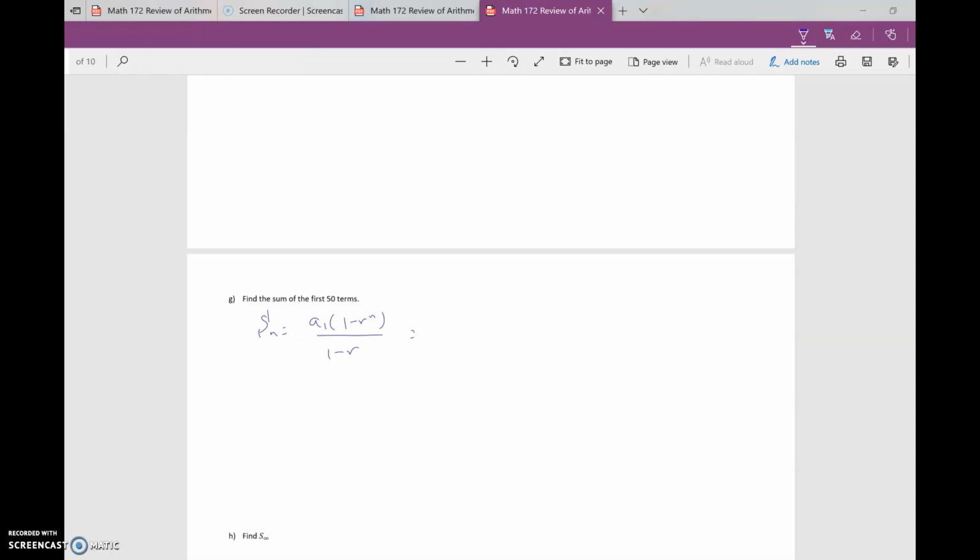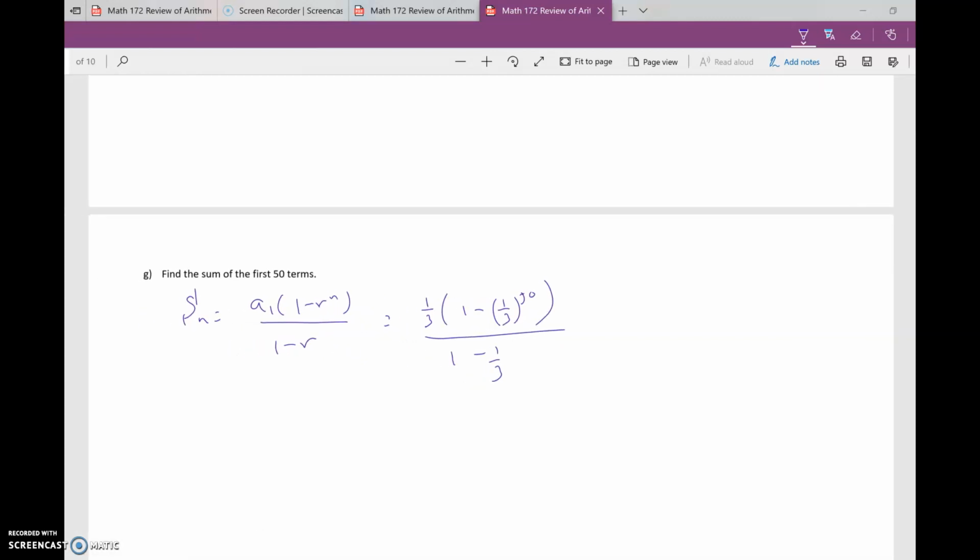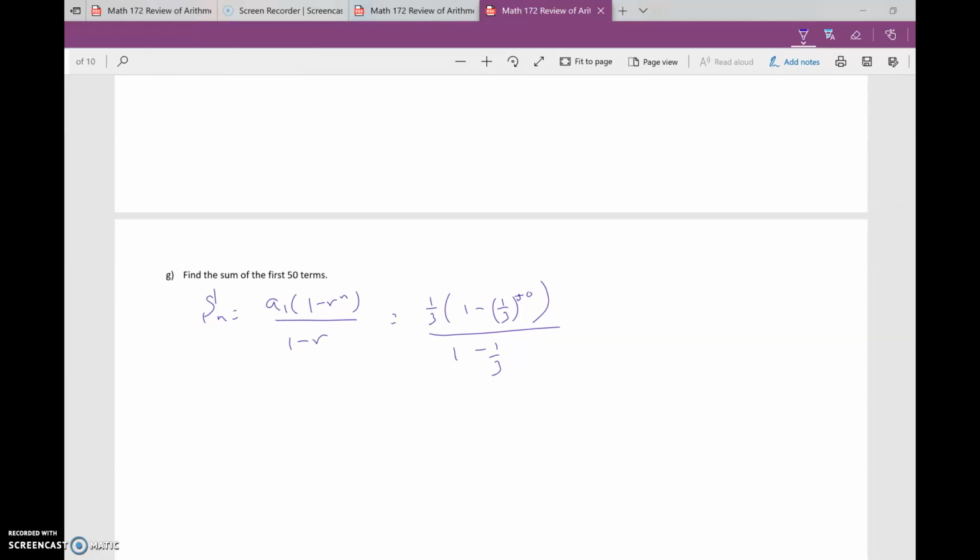So a sub 1 in this case was 1/3 times 1 minus 1/3 raised to the 50 over 1 minus 1/3. So this one is important. We need this to the 50th power. Okay, please plug it in and we'll compare answers in a minute.